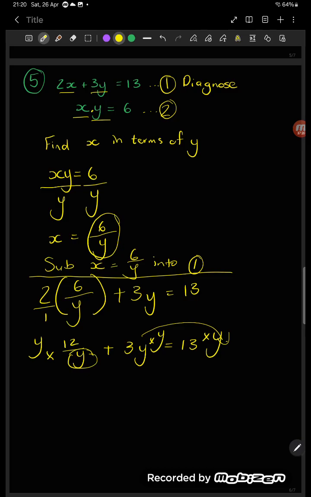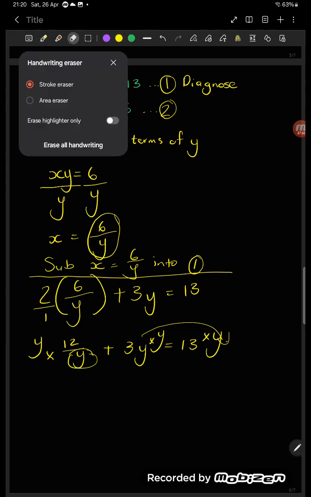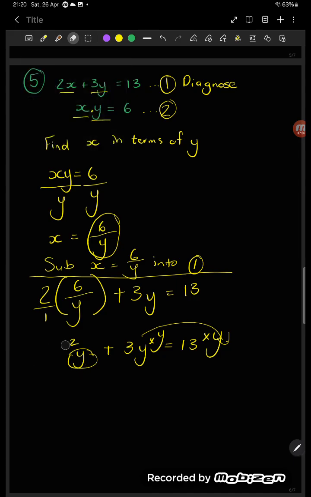Then I've timesed the whole equation, the whole of the left-hand side. You've got to times the whole of the left-hand side and the whole of the right-hand side by something. You can't just times one individual thing by y. You've got to times the whole thing by y.